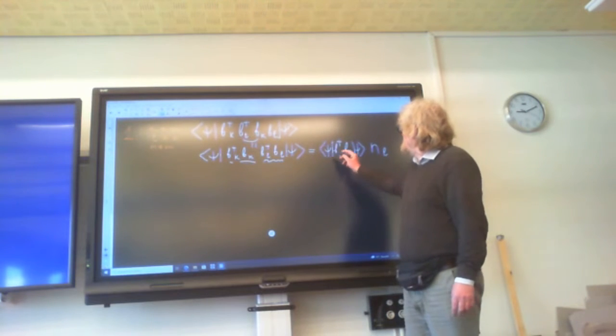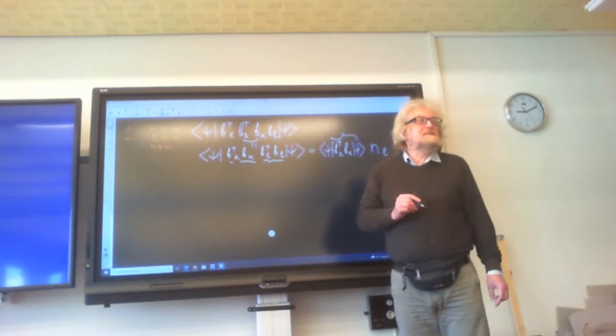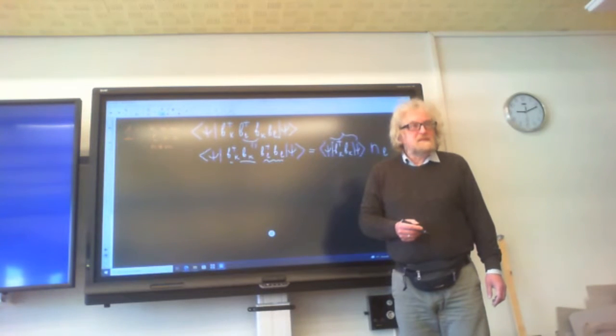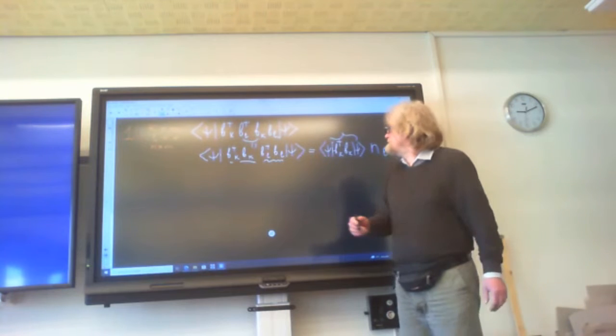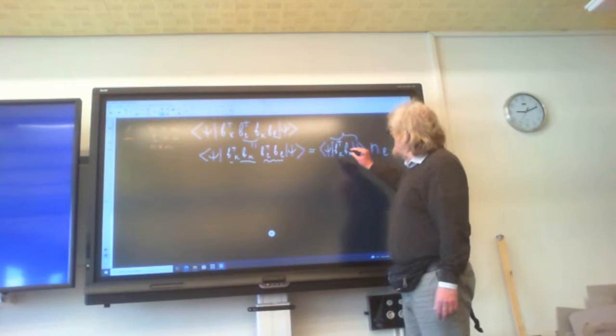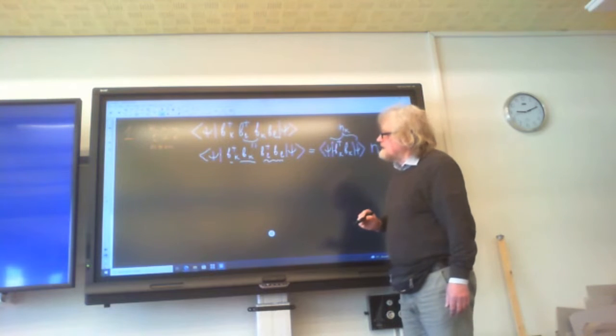And what's that supposed to be? Precisely the same rule that gives the occupation number in the same number state. Good. Here is the answer.